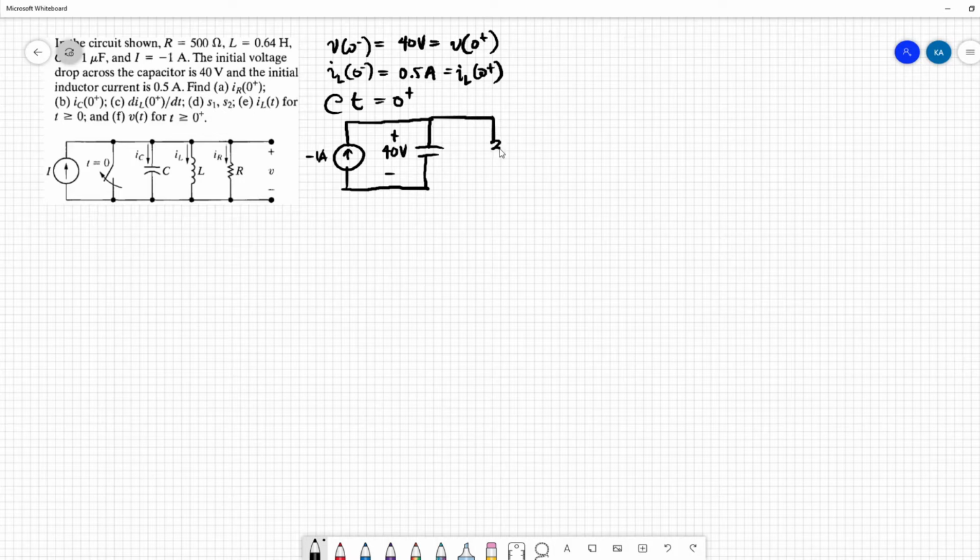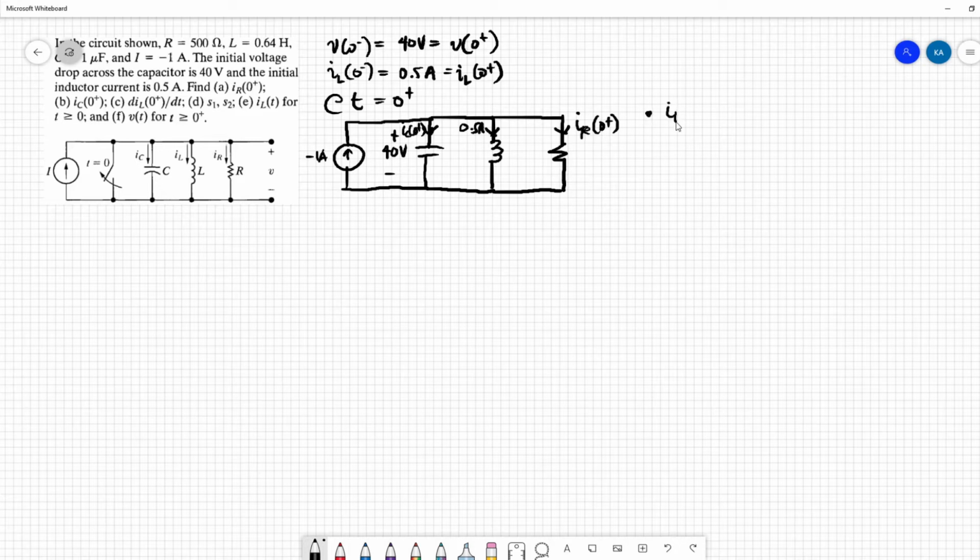An inductor with an initial current of 0.5 ampere. We have a resistor. We have IC at 0 plus. We have IR of 0 plus.